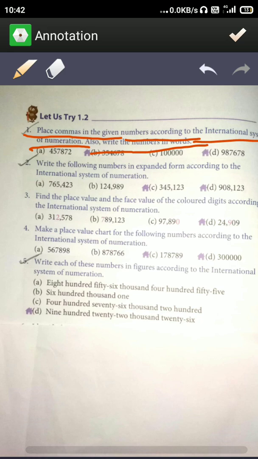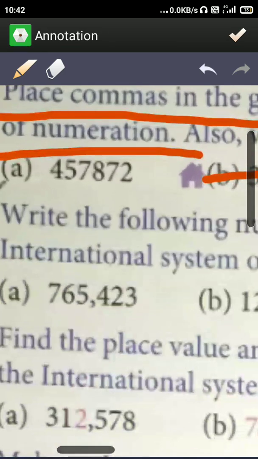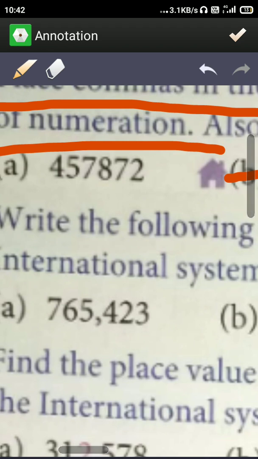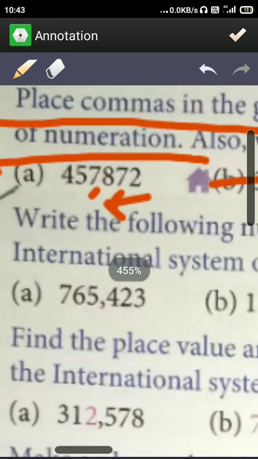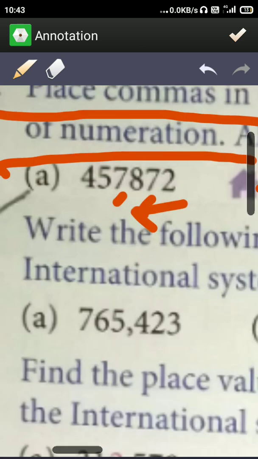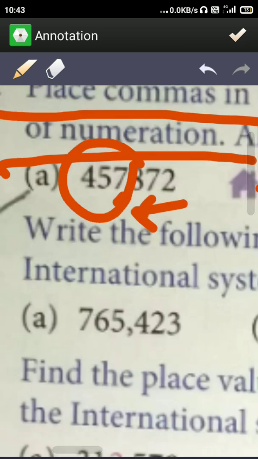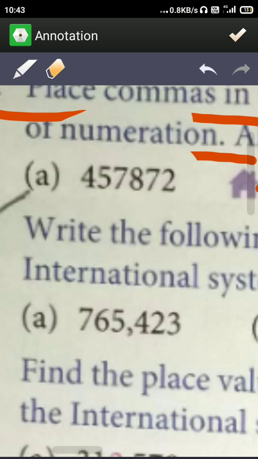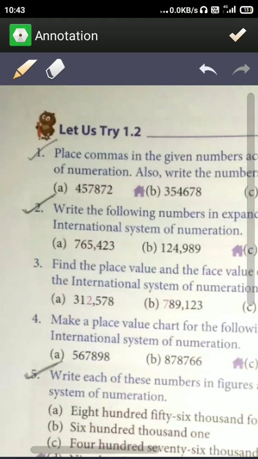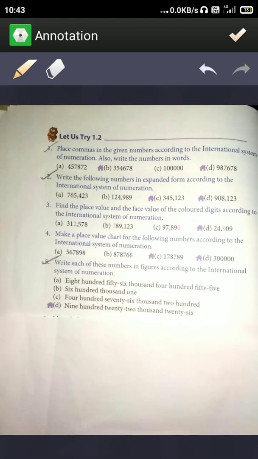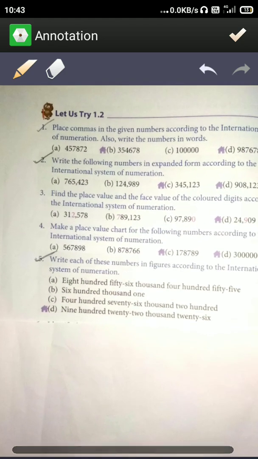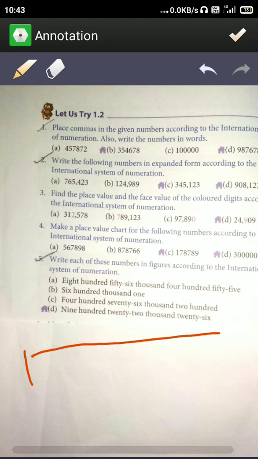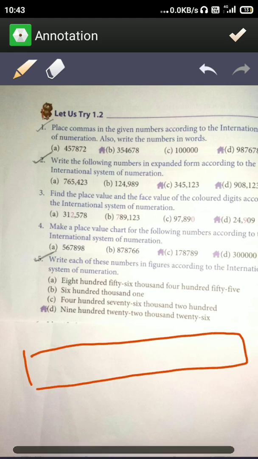You can directly give the answer. You can directly place a comma after the last three digits. Then you can write the answer like 457,872. But if you have a problem, if you are not able to give the answer, then you need to make a place value chart.